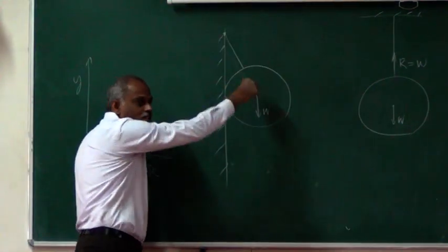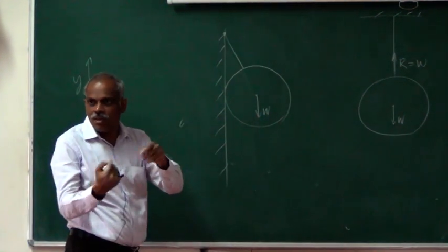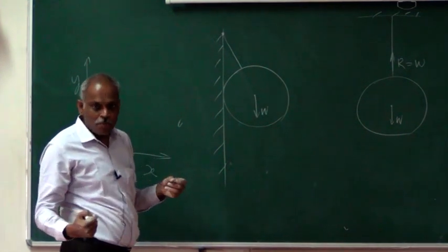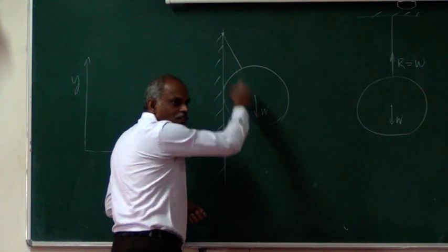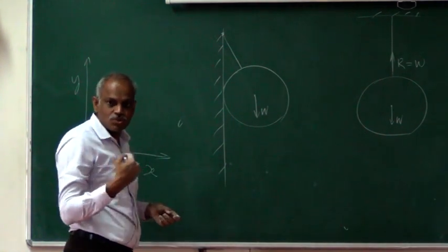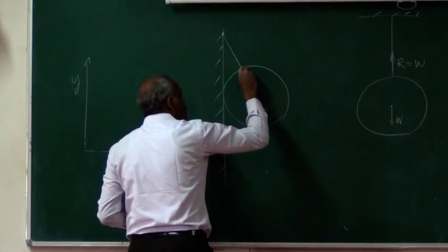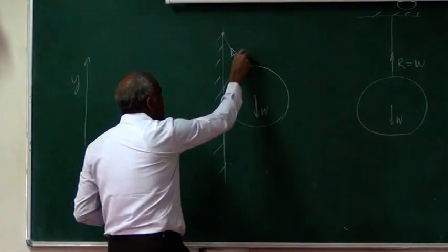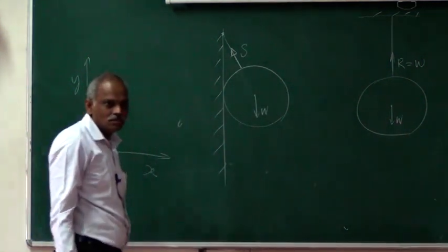This ball is touching the string, which cannot be loose, it has to be under tension. So the string will offer an opposite force. I can say that the tension is S.